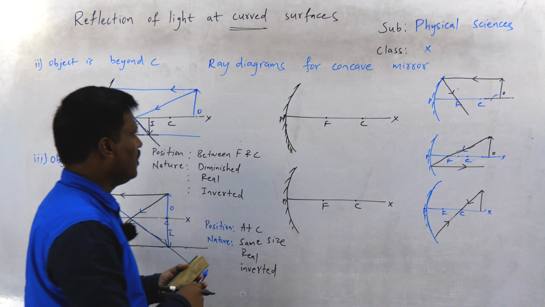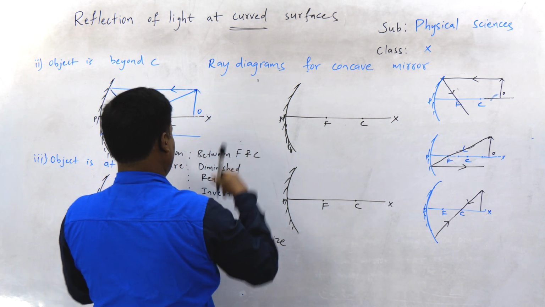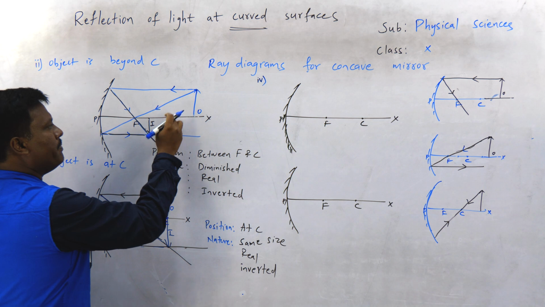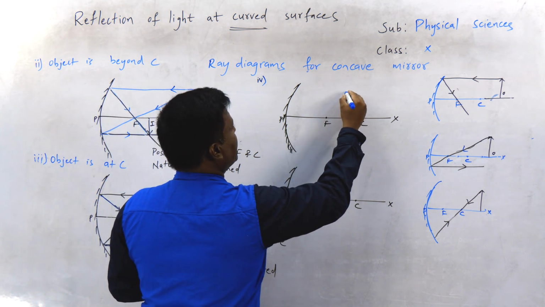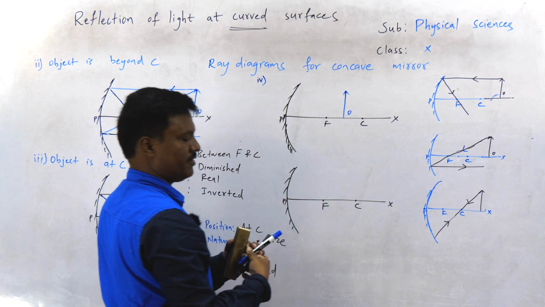Okay. And third, another important position we are going to talk about. Previously infinity finished, beyond C finished, at C finished. Now we are going to keep the object between focus and the center of the curvature. This is focus and center of the curvature.